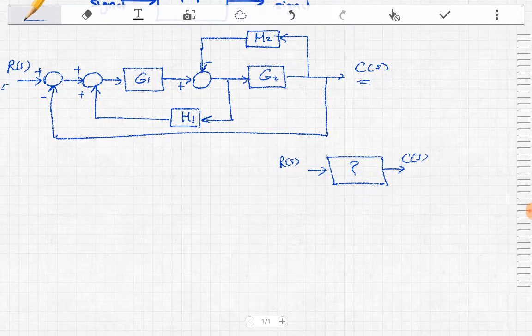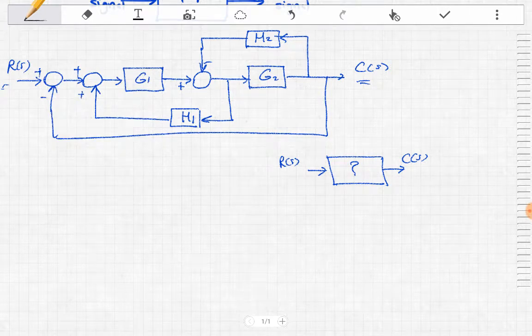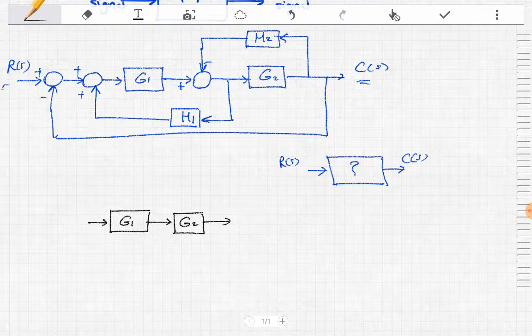So let's check some rules here. The first rule is a very simple one. When you have blocks in cascade, which means series, you have something like this called G1, and another one G2, with input R(s) and output C(s).